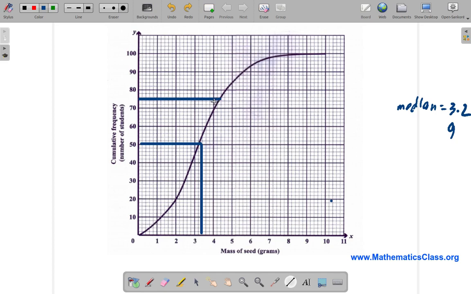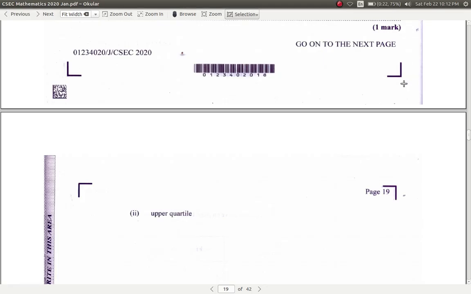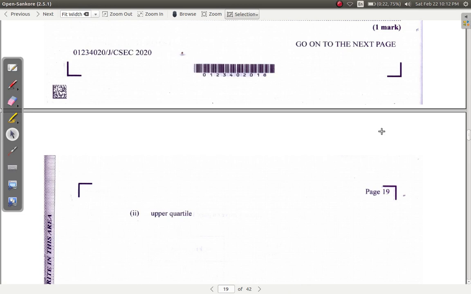The upper quartile would be 75. Now, what would this be matching? It would be 4.2, or about 4.4 grams. All right. So 4.4 grams for that.